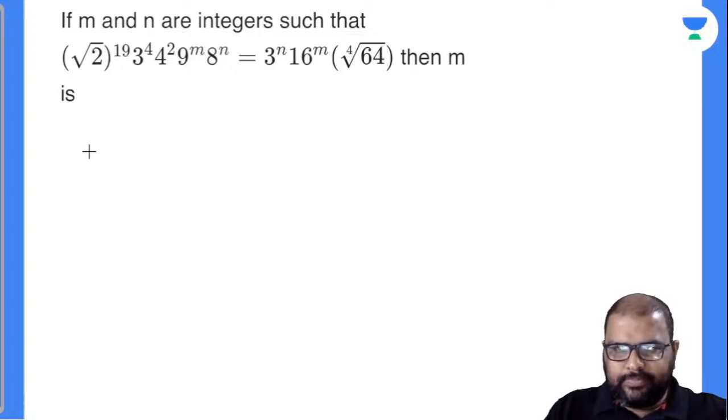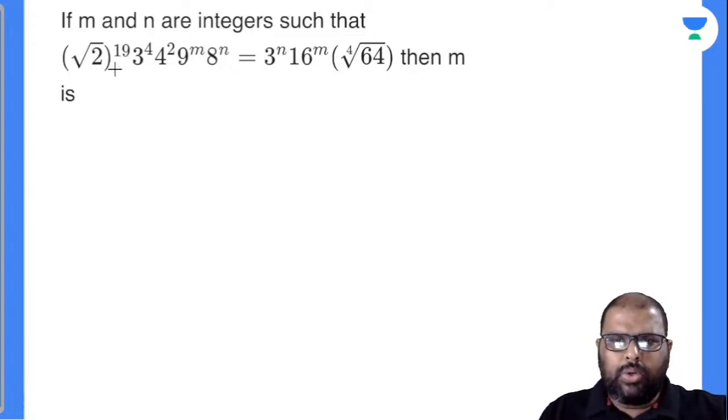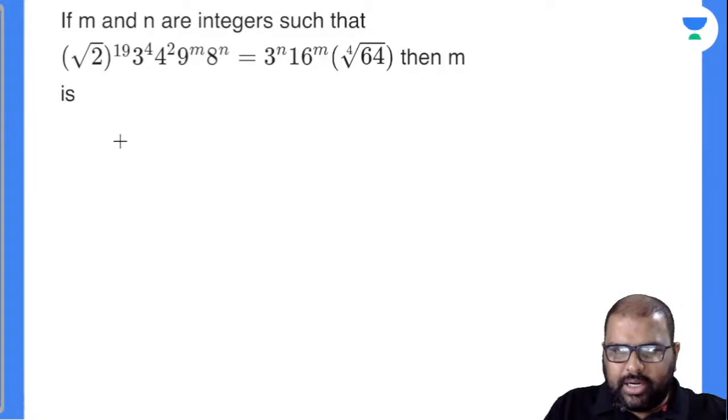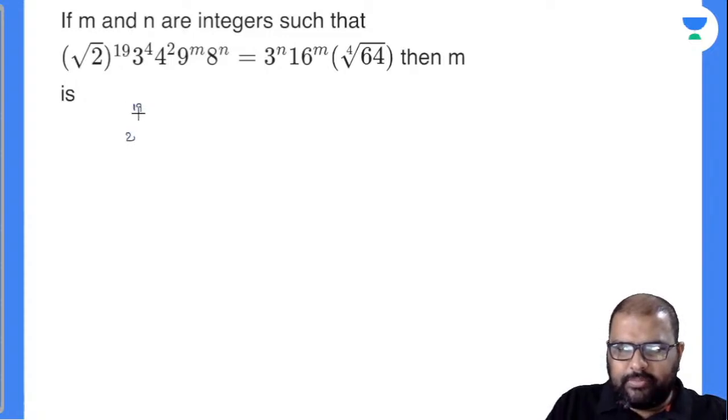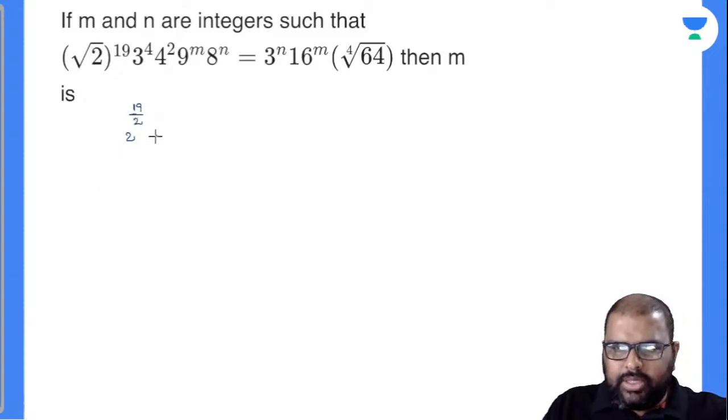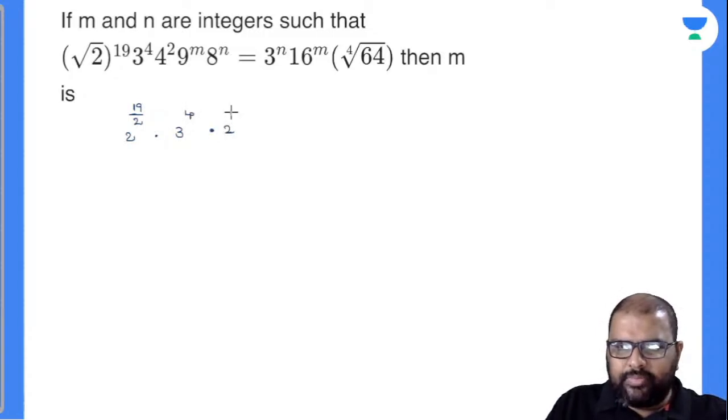Root 2 whole to the power of 19, I'll write down this as 2 to the power of 19 by 2, into 3 to the power of 4, into 4 square, I'll write this as 2 to the power of 4. 9 to the power of m, I'll write this as 3 to the power of 2m.